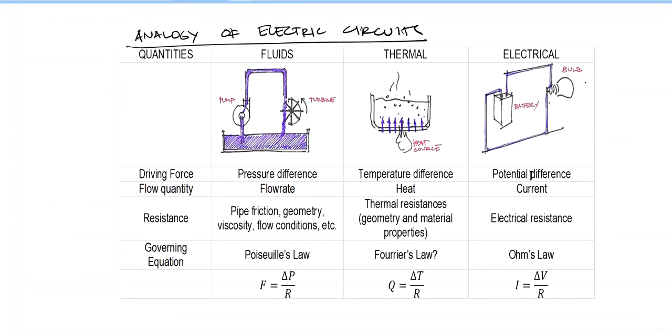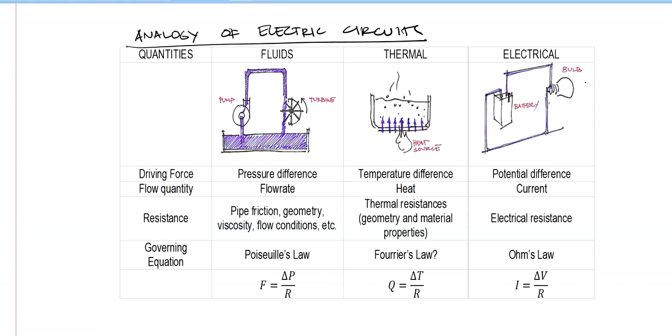Okay, and for the analogy, there's actually a resemblance between electric circuits, fluid systems, and thermal systems. Because right here in electric circuits, we say that there must be some voltage so that the charge can move from one point to another, right?